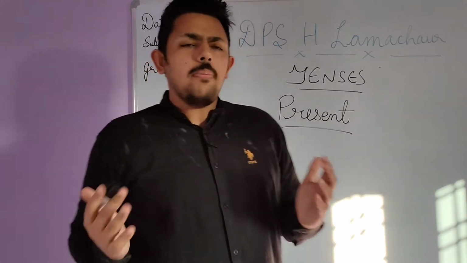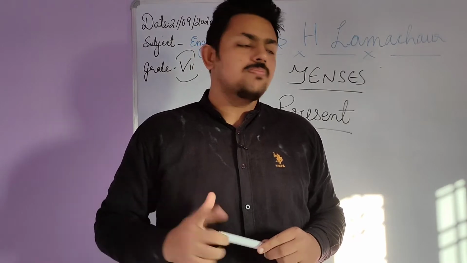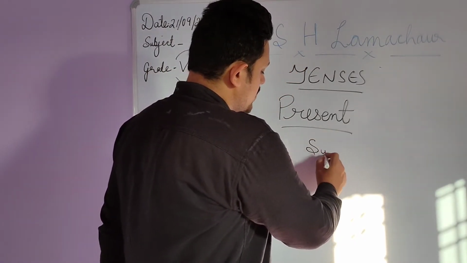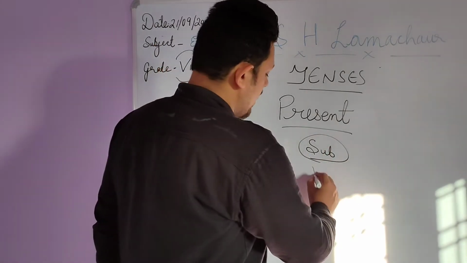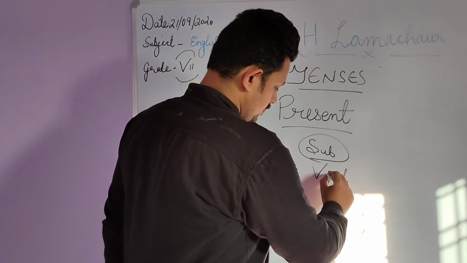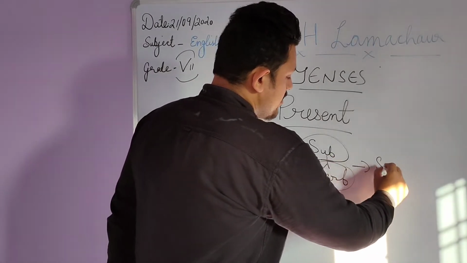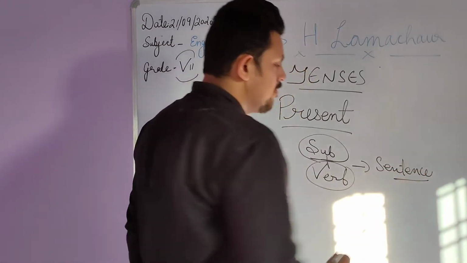So by tense, what do you understand? It is clear to you. In a sentence we have two major things: a subject and a verb. These two things together make a sentence.